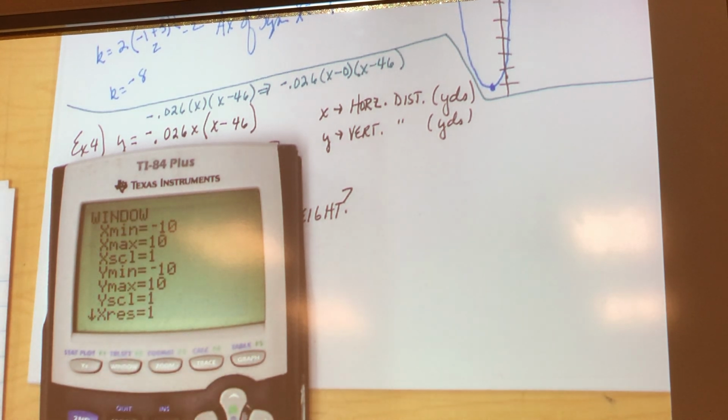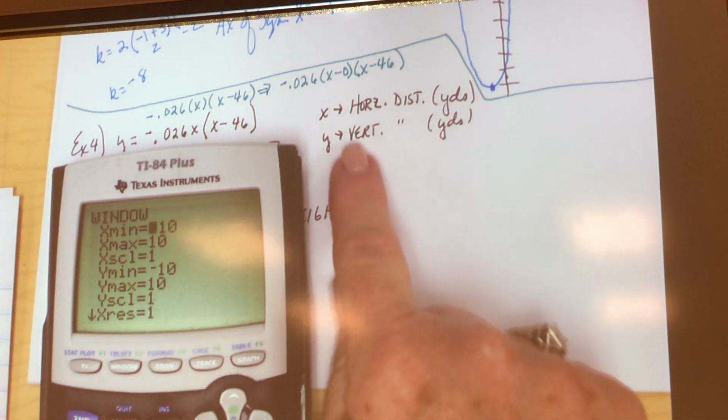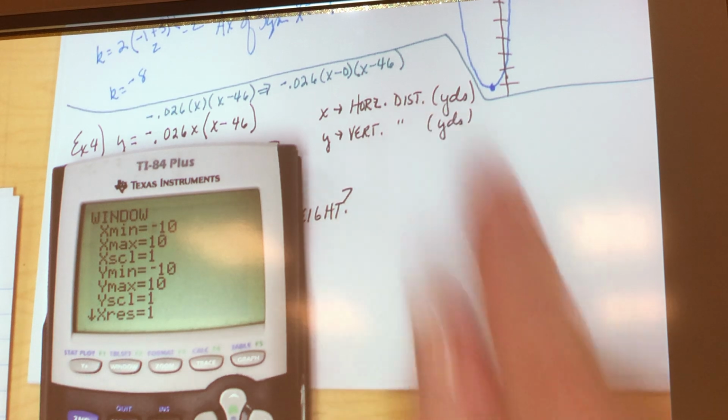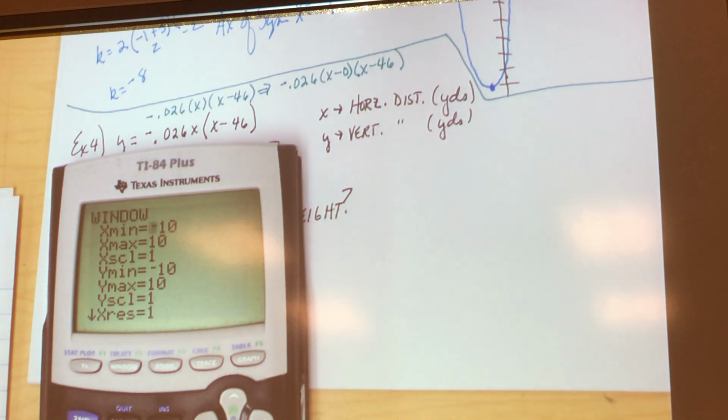All right? So I'm going to go here. Now remember what x is. X is the horizontal distance that the football is going to go. So your place kicking a football, what is the minimum distance it would travel? 0. That would be if you swung and missed, right? And then, what is the maximum? What do you think the maximum distance that a place kick football might go?